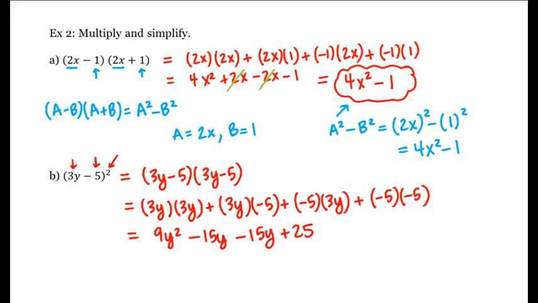And combining the outer and inner terms gives us our answer of 9y squared minus 30y plus 25.